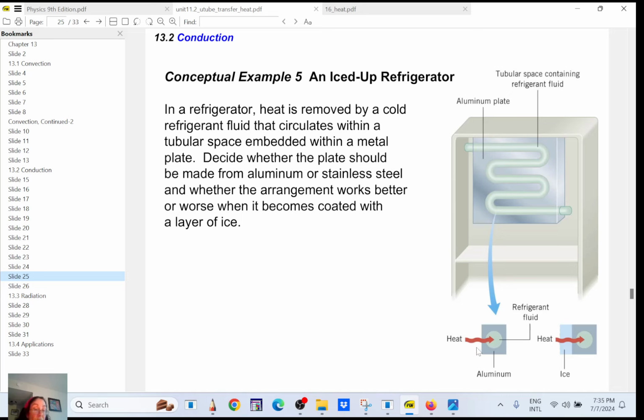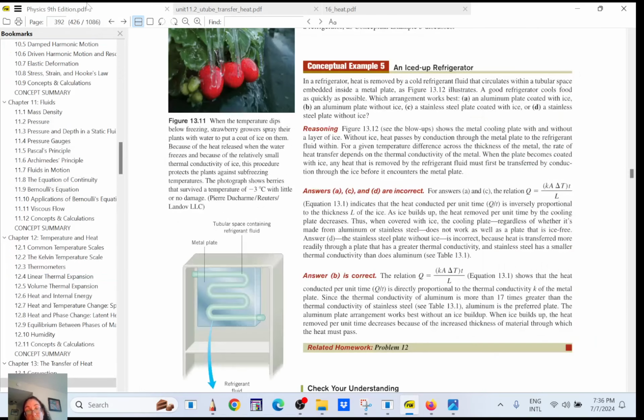So it's a good idea to remove the ice because you not only increase the length the heat has to go through, but ice is not a good conductor. So you're making things worse and the motor has to work harder and you will have to pay a higher bill. So that's a nice example that comes from the book as well.